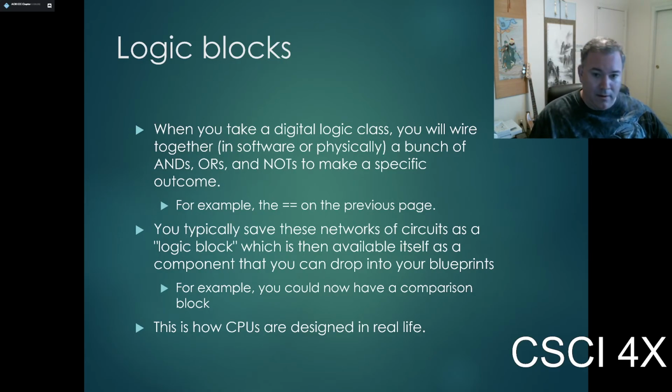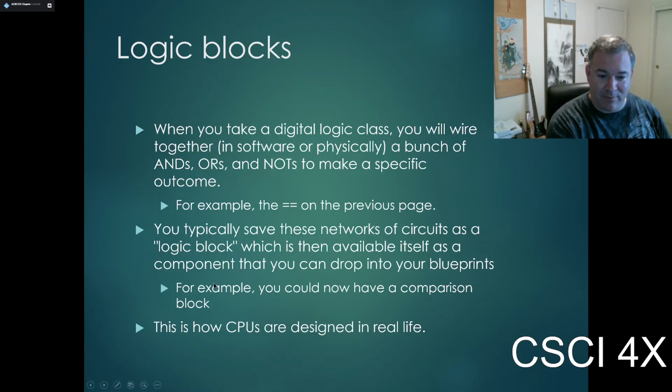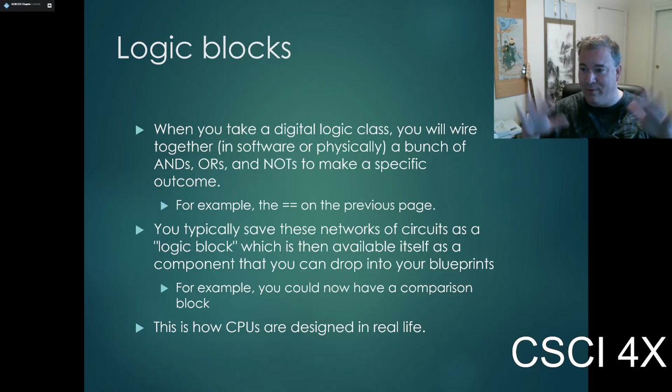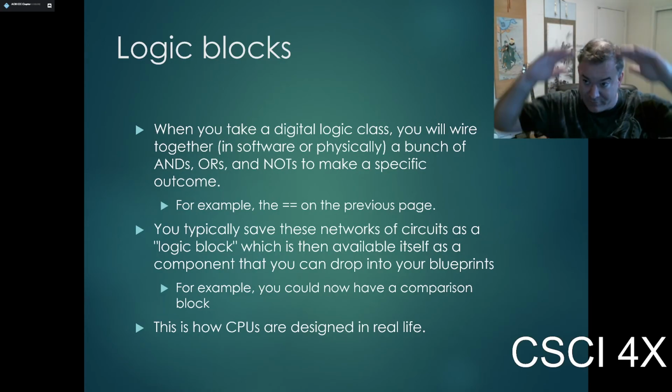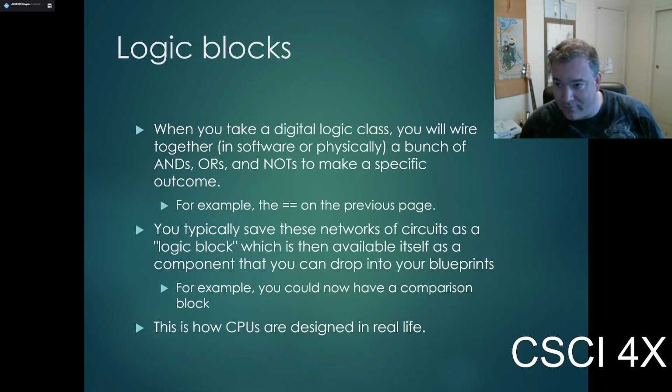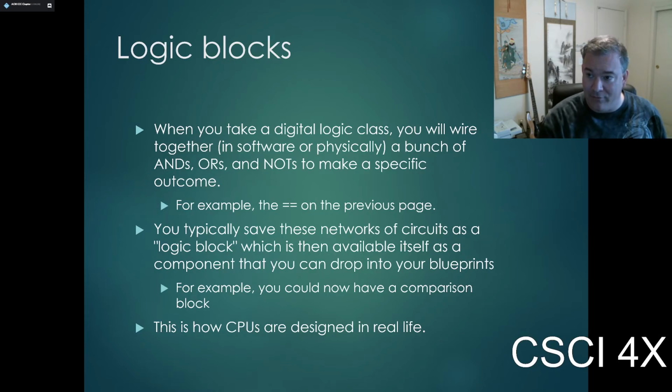So you start off by wiring together ands, ors, and nots, and then you save them as a logic block, and then your palette has and or not, and it's got double equals, and you can now drag that in. And then you build a bigger thing, and now you save that as a block and you can drag that in. And so people operate at high and low levels of abstraction, right? And we sort of navigate up and down within the levels of abstraction to keep it simple for our human brains.